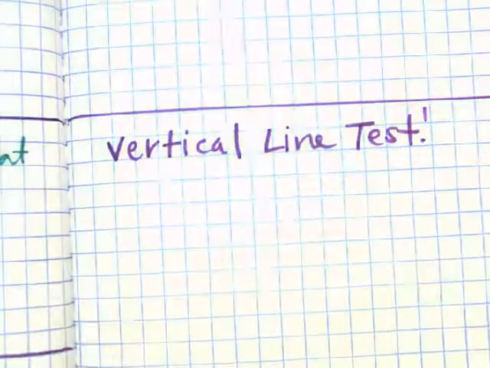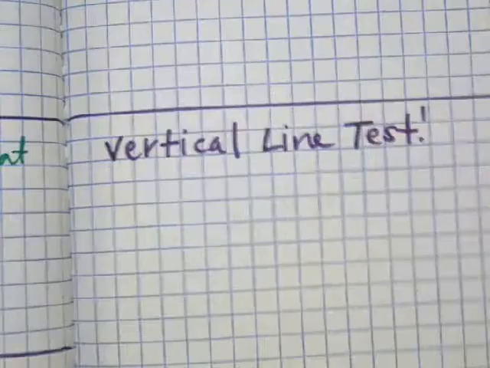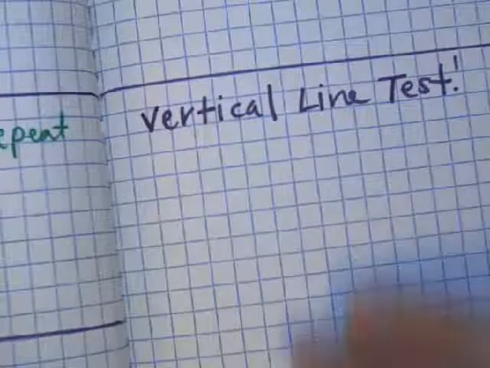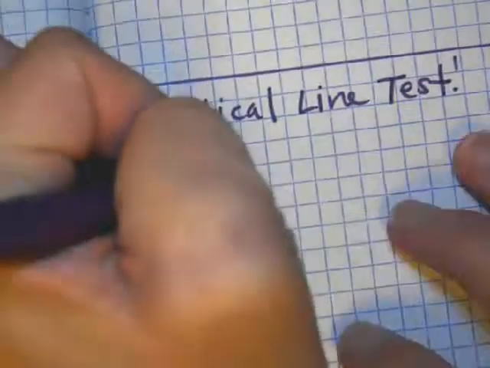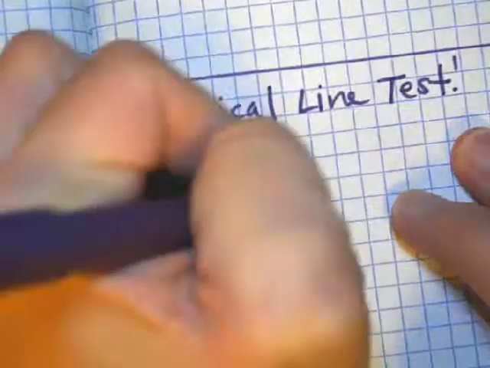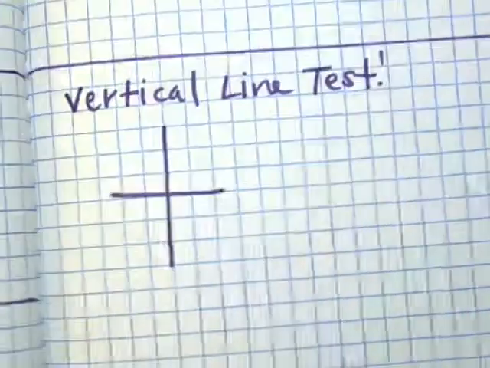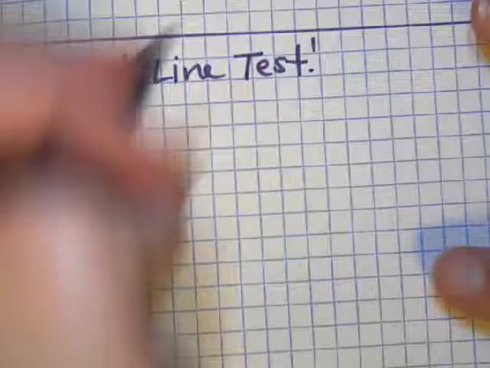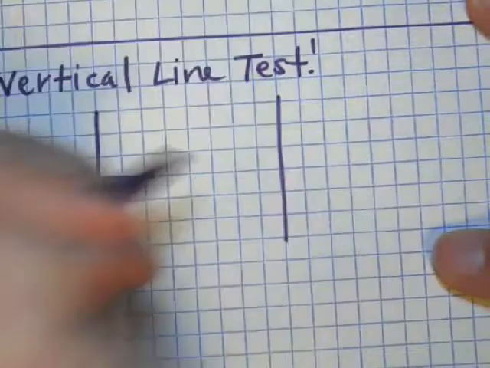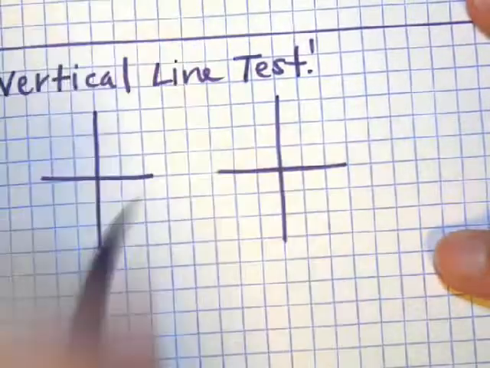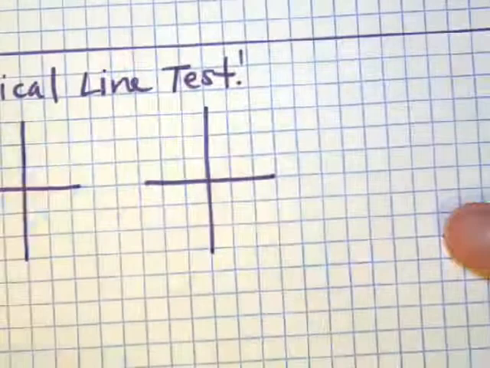Vertical line test. Okay, now this does not have to be perfect. Okay, we're gonna draw 3 T's like this for graphs. Okay, 3 of them. Right next to each other. Does not have to be perfect.